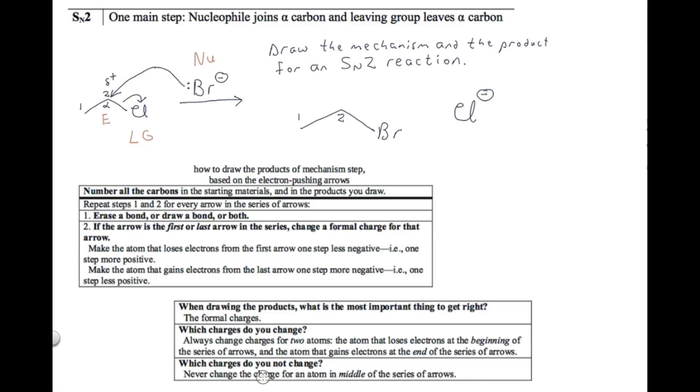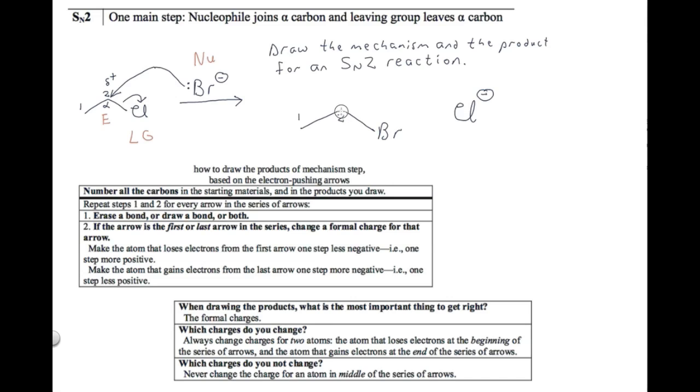You never change the charges for any atoms in the middle of the series of arrows. So for example here, we would not change the formal charge on carbon 2. Carbon 2 started with a neutral formal charge, and carbon 2 still has a neutral formal charge in this picture.